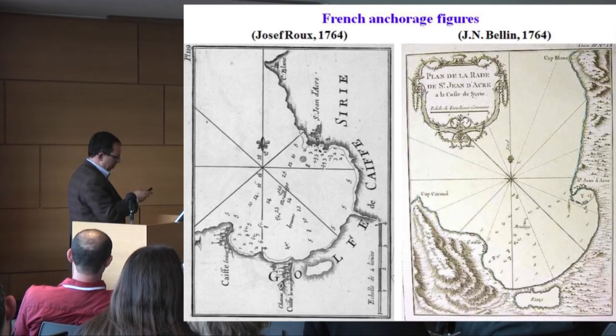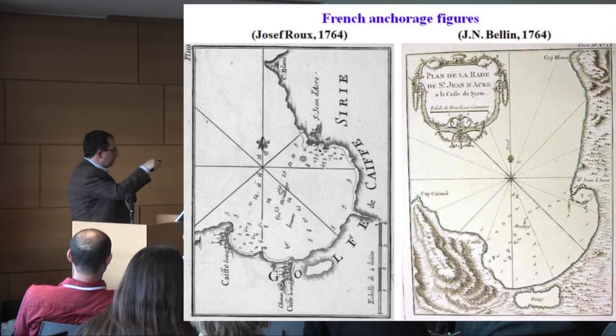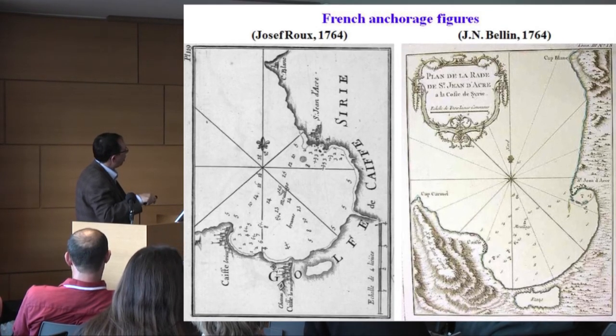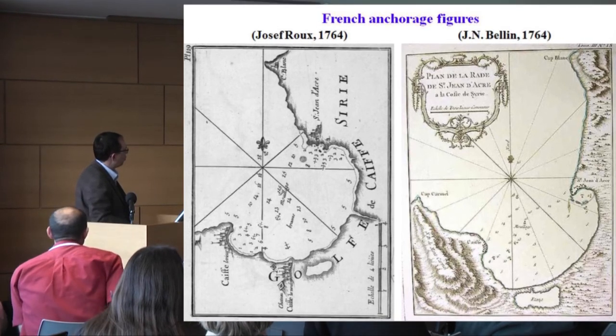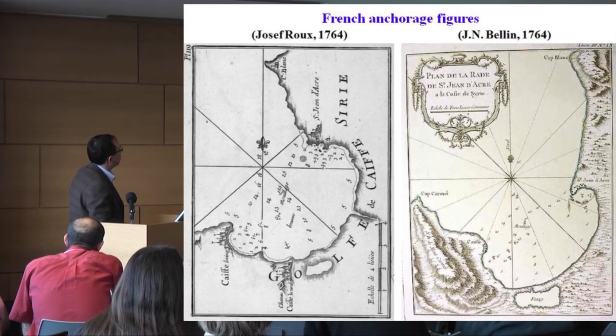And you can find for the first time the anchors that point out where you can anchor the ship, depths, and coastline with few geographical morphological features, not more than that, the compass, and of course text of the site.